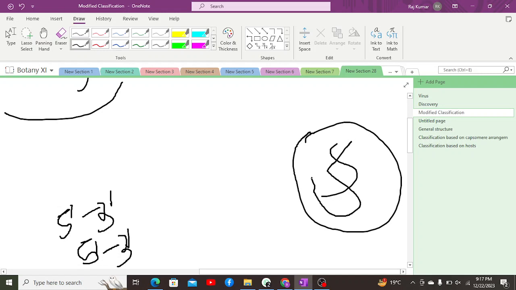One more thing I wanted to mention is that as they have double-stranded DNA, it is not completely double-stranded. They have double-stranded DNA, but at some intervals they also have single-stranded DNA.